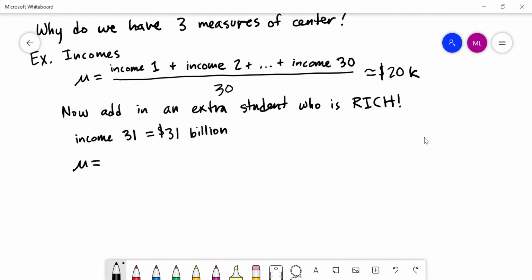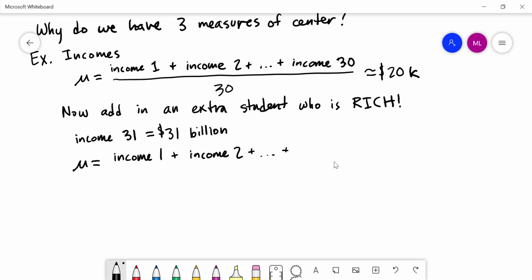So now I'm adding in all those incomes, income 1 plus income 2. Again, these are just placeholders for the different students. They're placeholders for numbers. Maybe this one's $0 and this one's $15,000 and this one's $60,000.